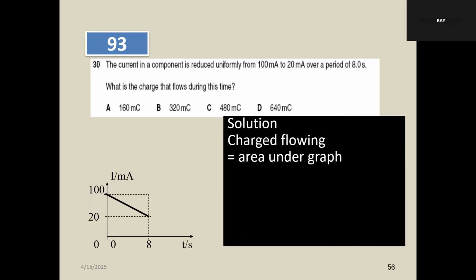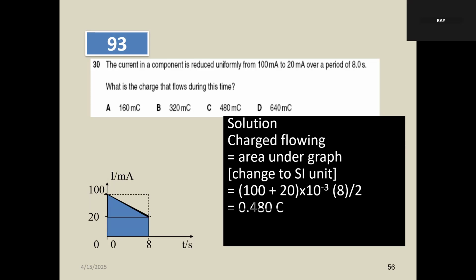From the formula, charge is current times time. So it's the area in the graph, the area of a trapezium. We got 480. Area under the graph, you can find the area of triangle plus the area of rectangle. But make sure you convert that to ampere.